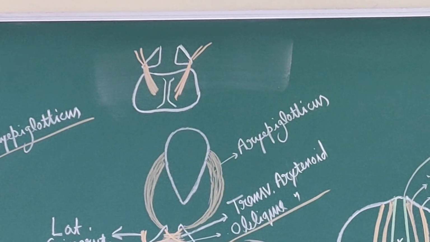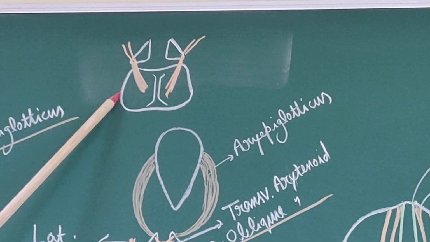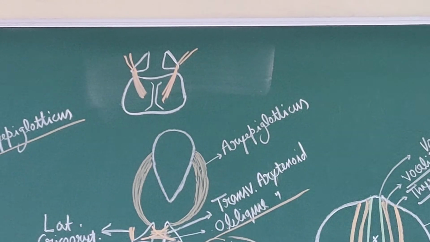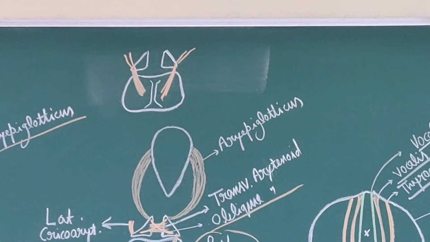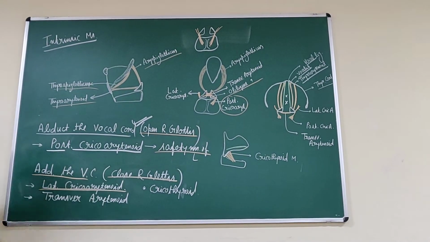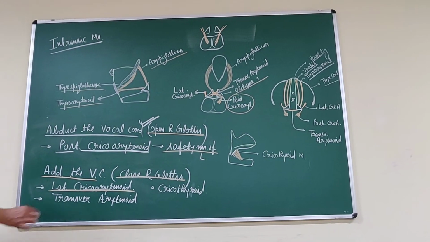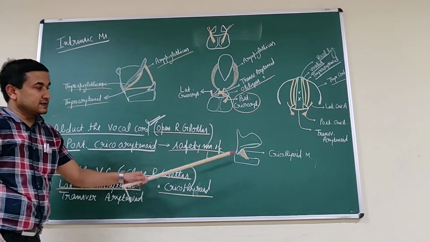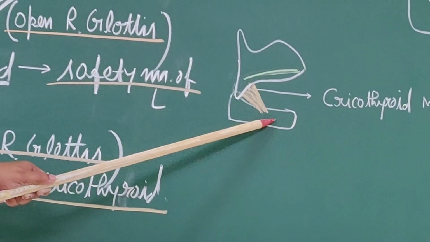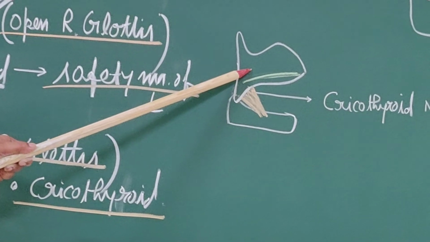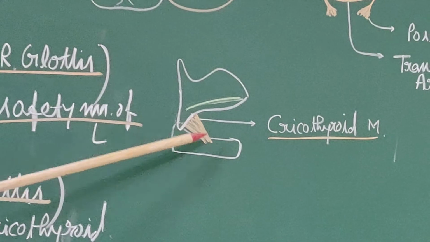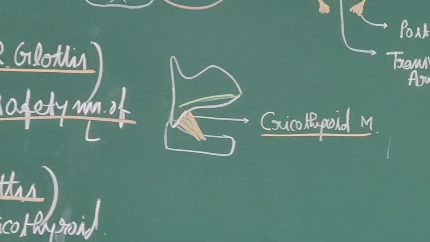One end goes to the arch on the lateral surface of the cricoid cartilage. It is situated in front, so it is the lateral cricoarytenoid muscle. Then it is the cricothyroid muscle, connecting the cricoid cartilage with the thyroid cartilage. It is also an important muscle.